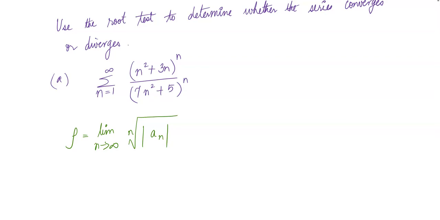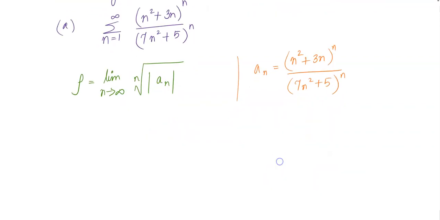We know that a_n in this problem would be (n squared plus 3n over 7n squared plus 5) to the power n. That will be our a_n. So go ahead and pull that in the place of a_n in your radicand.